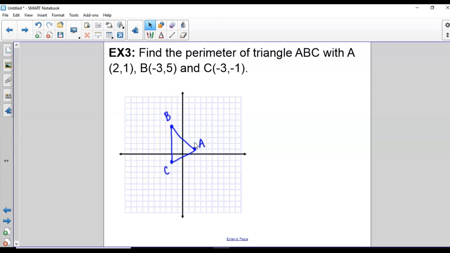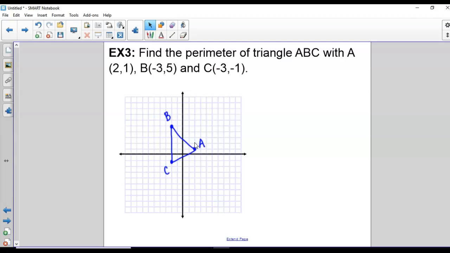Okay, you're thinking area. Nope. Okay, perimeter is just adding all the sides. For any figure, it could be a triangle or a rectangle or a square or a dodecagon. It could be anything like that. It's just adding the length of all the sides.